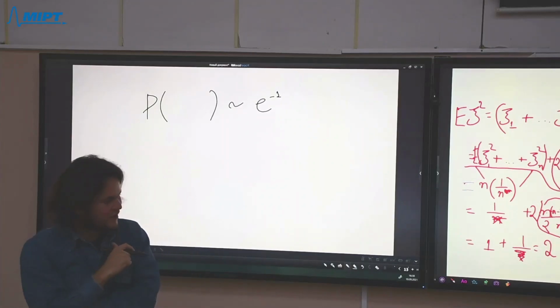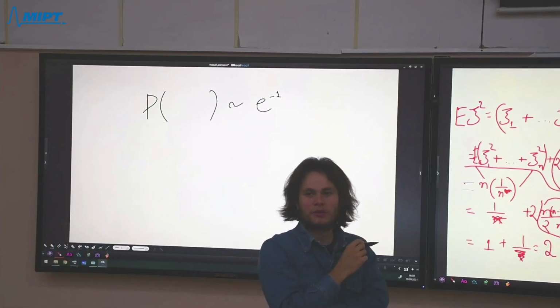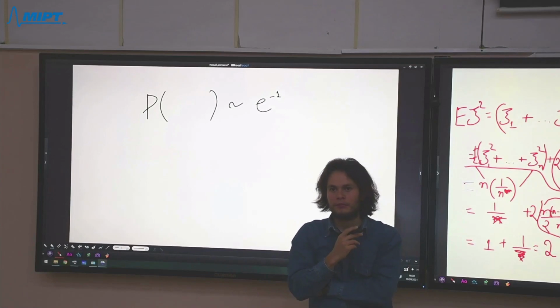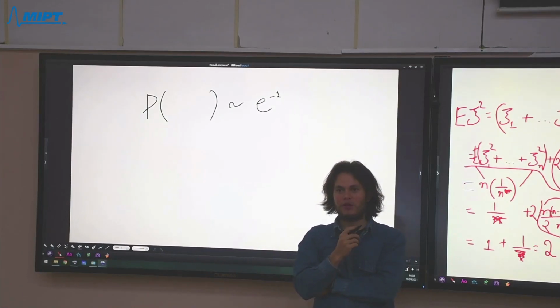Well, what is the random variable in that case? The same random variable, so the number of persons that don't stay in their position.